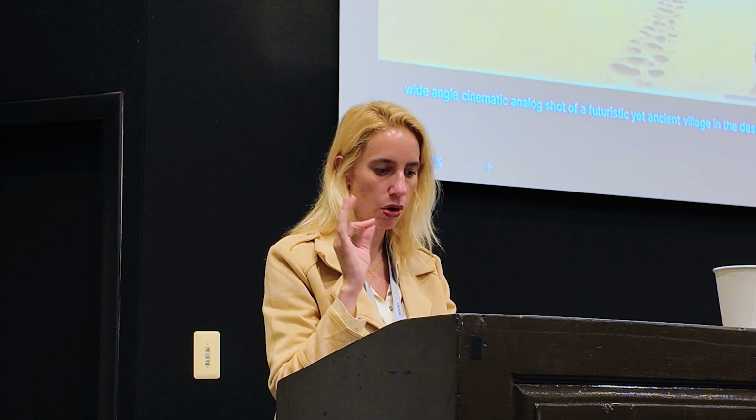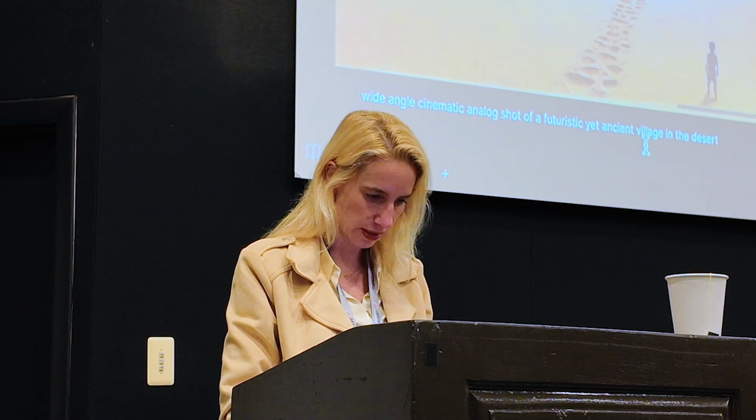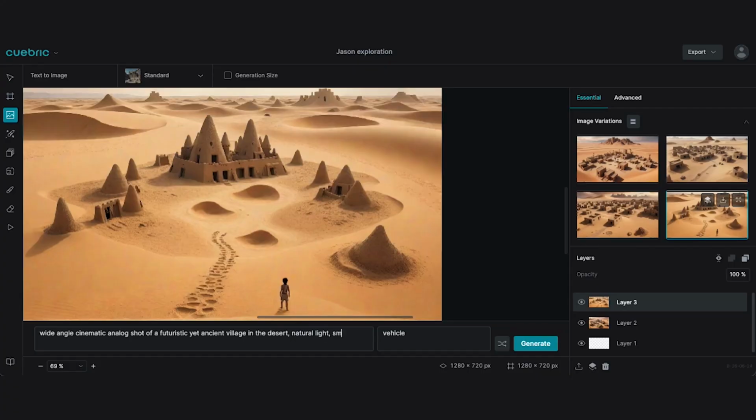I would like to have more of a Star Wars quality. I want to have dunes, habitats much larger than just a bird's eye view of what is there. So I'm going to improve my prompt. What I'm going to say: wide angle cinematic analog shot of a futuristic yet ancient village in the desert. I want to add natural light, small clouds in the sky.